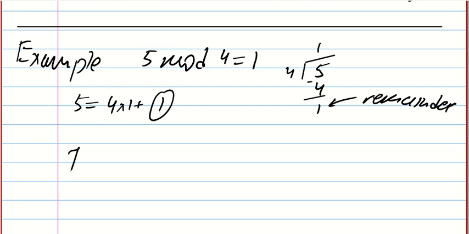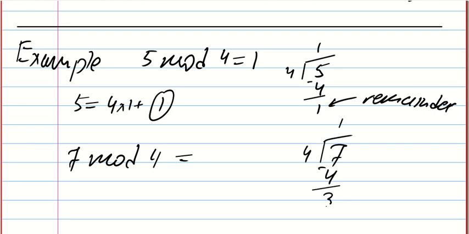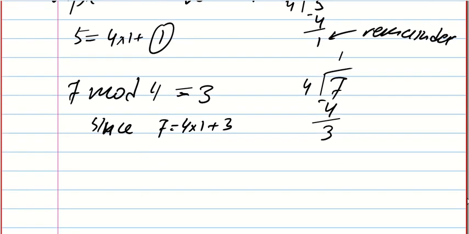How about 7 mod 4? You take 7, you divide by 4, it goes 1, you subtract 4, you get 3. So this is 3. Why? Because you can write 7 as 4 times 1 plus 3. Now, harder question. What is 8 mod 4?